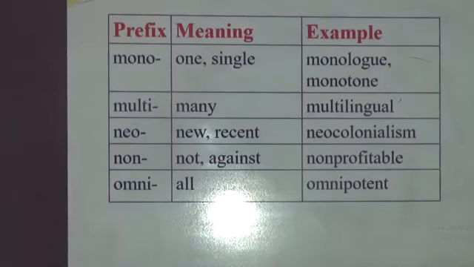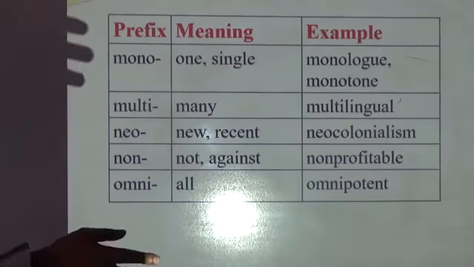Mono, that means one or single. Monologue, monotone. Multi, that means many. Multilingual, multinational, multicultural. Neo, that means recent. Neocolonialism.